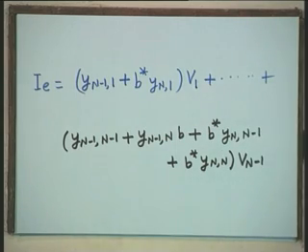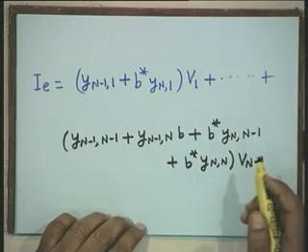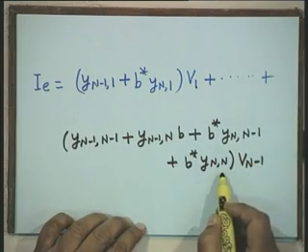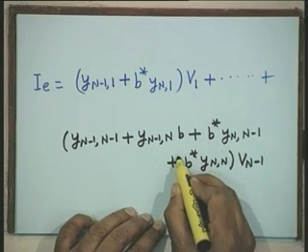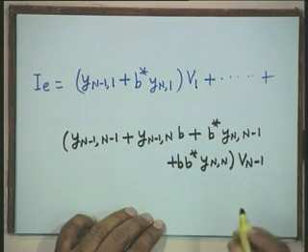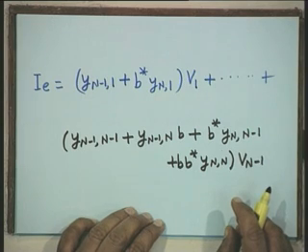Okay. B star y n n into B, yes, very correct. B into B star y n n.